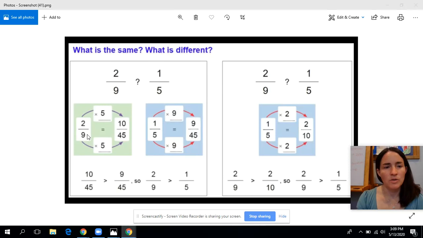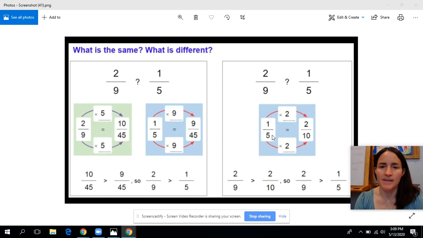So we know that 2/9 is equivalent to 10/45. So again, they multiplied both the numerator and the denominator by the same number. The same thing happened over here. We had 1/5. Both the numerator and the denominator were multiplied by the same number, in this case 9, and we can see that the equivalent fraction is 9/45.